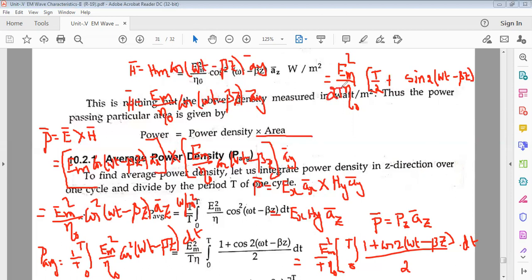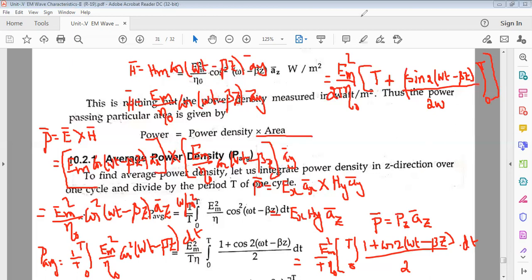The first integral is T. For the second integral, sine of 2 into omega t minus beta z, divided by 2 omega, with upper limit T and lower limit 0.